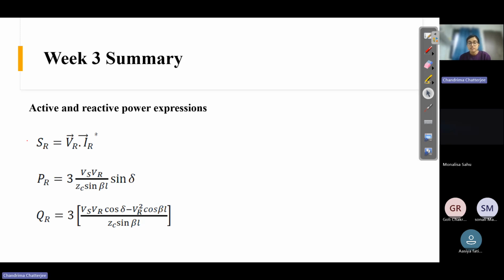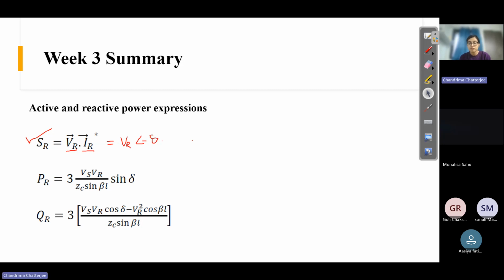So we were discussing the receiving end power. For the receiving end, you can find out the active and reactive power expression using the same method. It will be the receiving end voltage phasor and the receiving end current phasor with conjugate. So this was VR angle minus delta and IR conjugate.